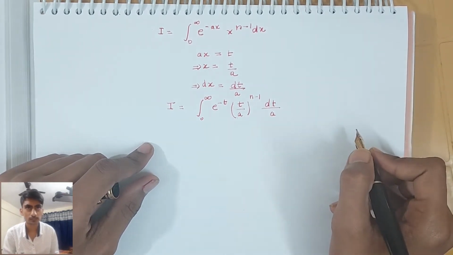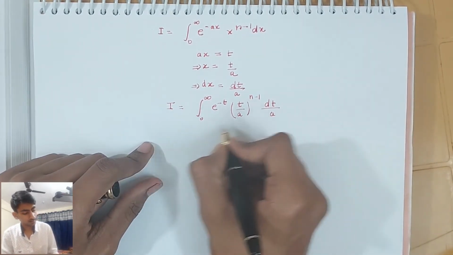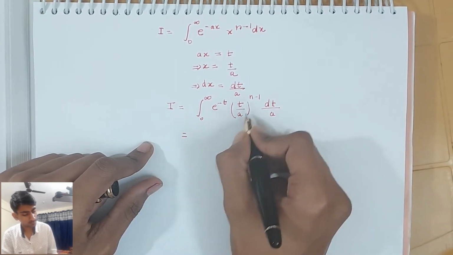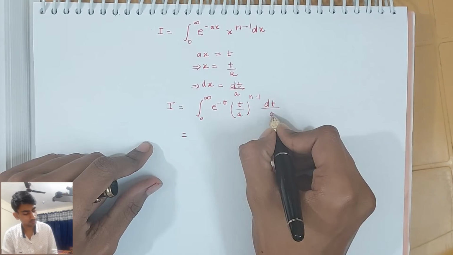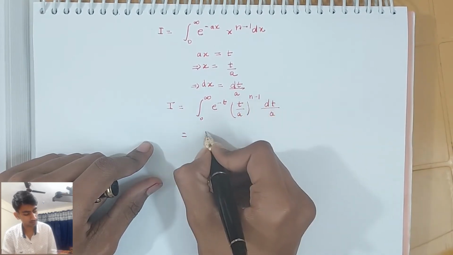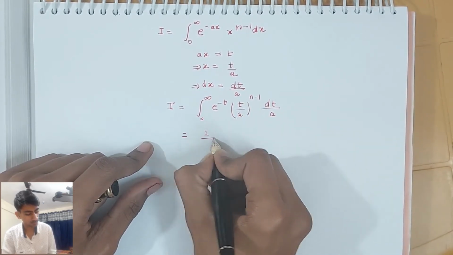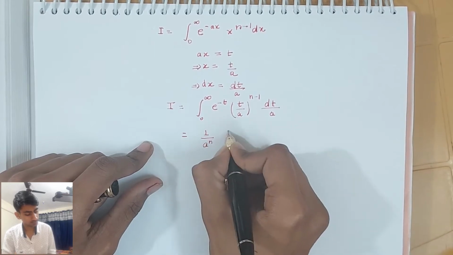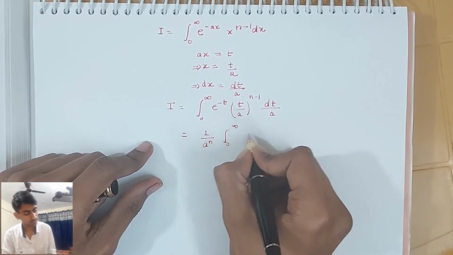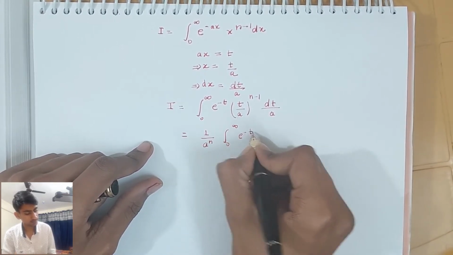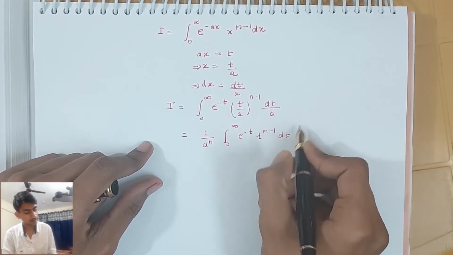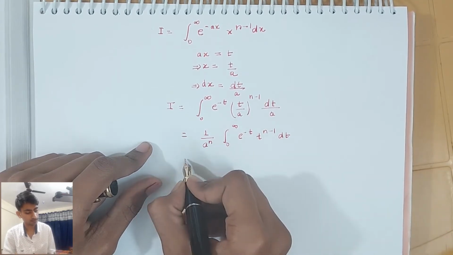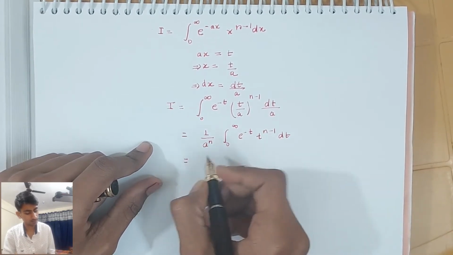Okay, so let's clean this up. So a to the power n minus 1 in the denominator and 1 more a in the denominator would be a to the power n. So 1 by a to the power n, integral 0 to infinity e to the power minus t, t to the power n minus 1 dt. And this integration is nothing but the definition of gamma of n.